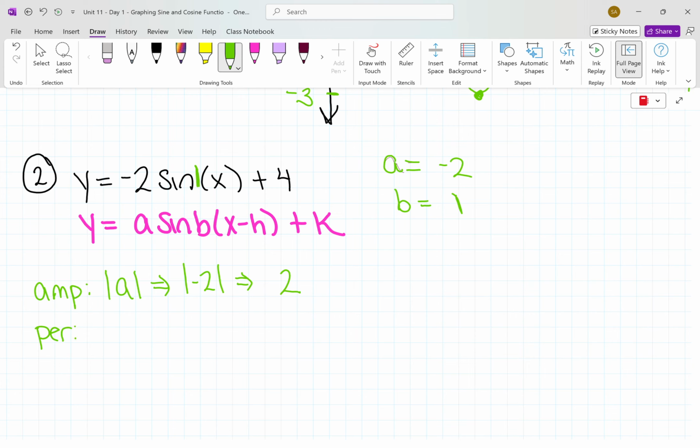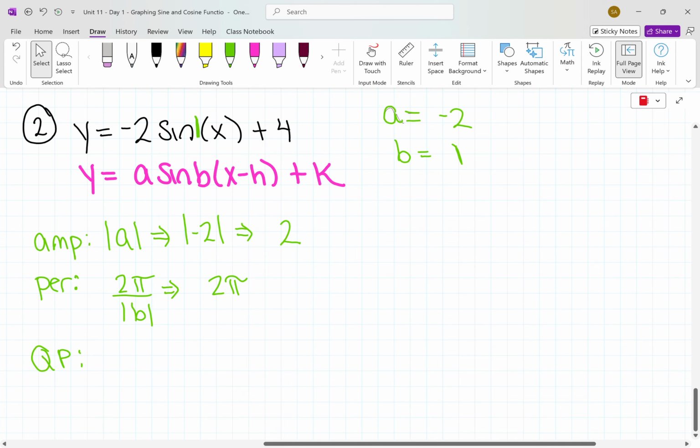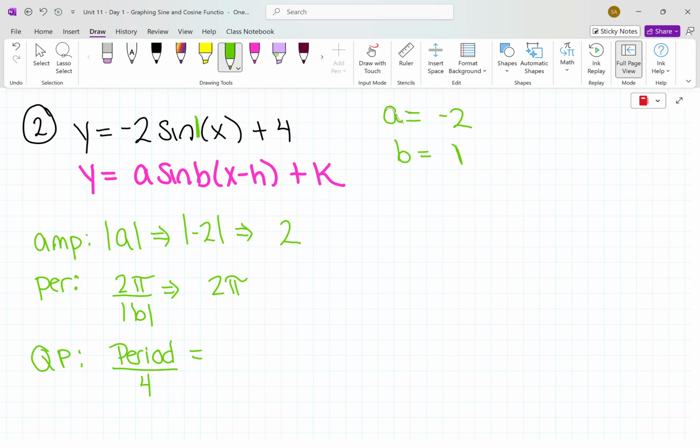And then we want the period. The period, if you guys remember, is going to be 2 pi over the absolute value of B. Do we all agree this is just going to be 2 pi? Now we want the quarter period, which I'm going to put as QP. To find the quarter period, we're going to take the period and divide by 4.